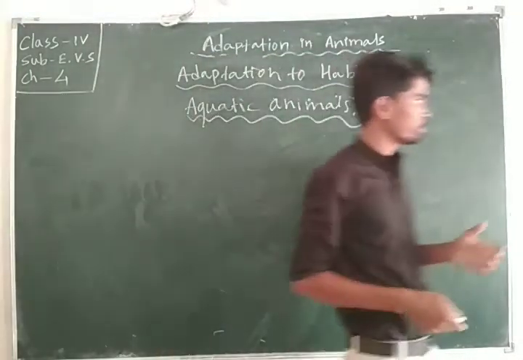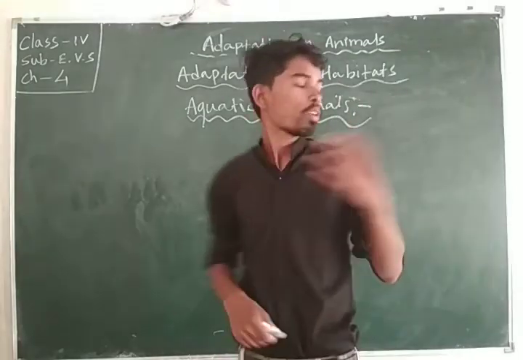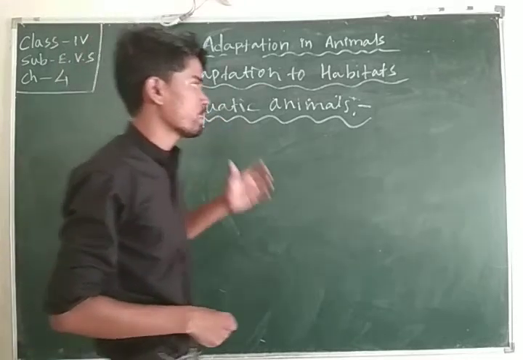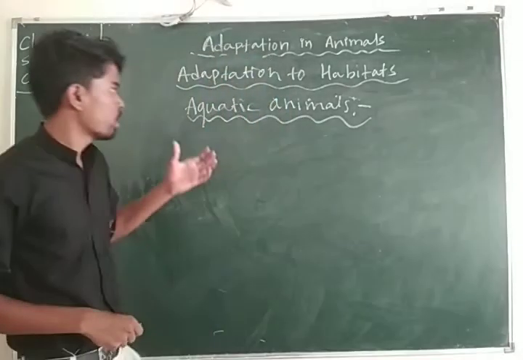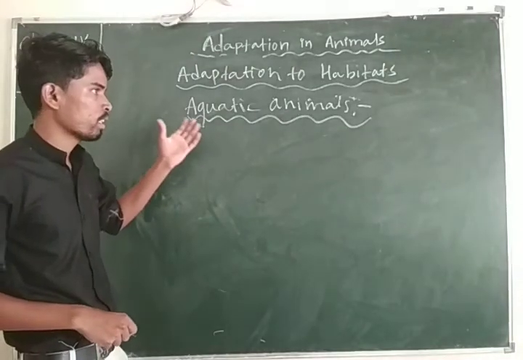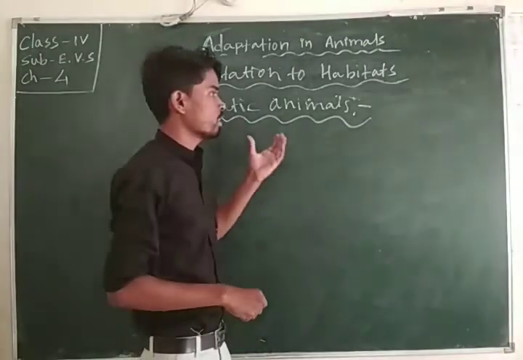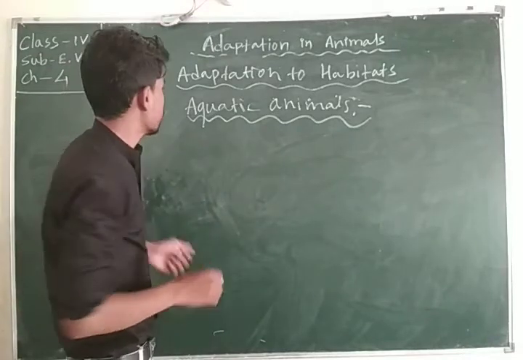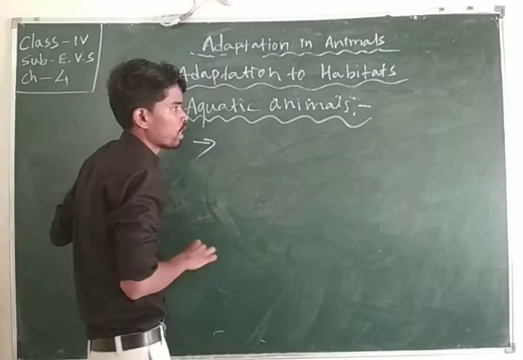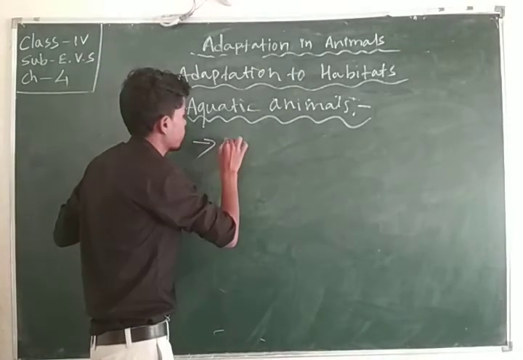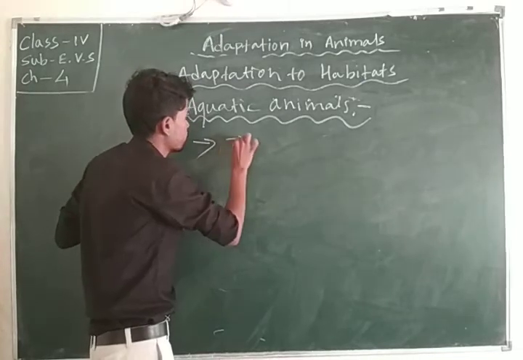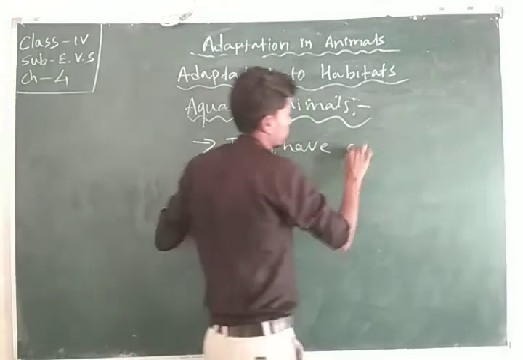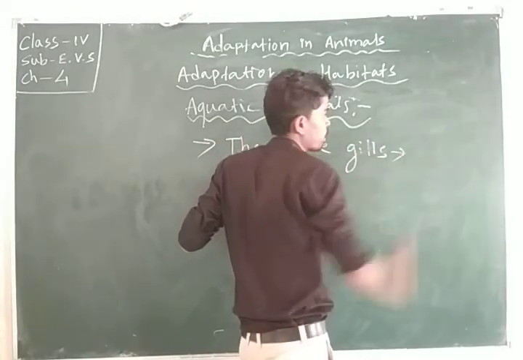Animals that live in water are called aquatic animals, like fish, crab, and zooplankton. A characteristic of aquatic animals is that they have gills.